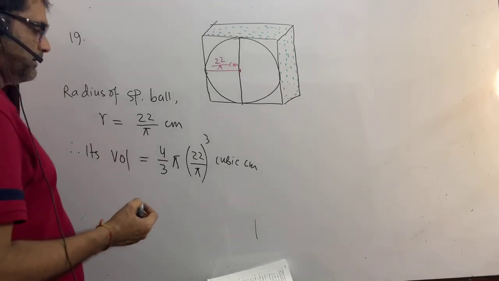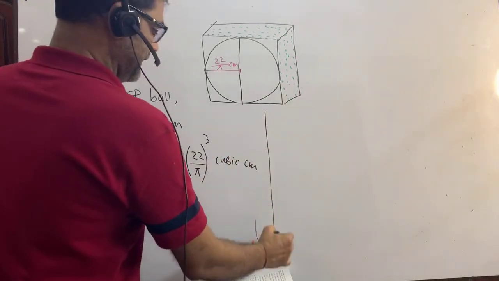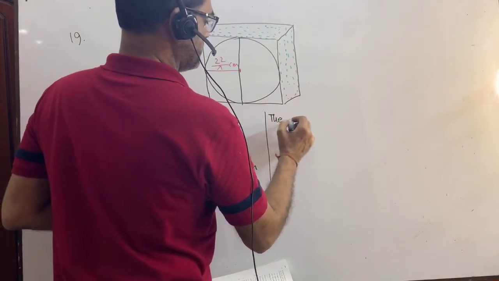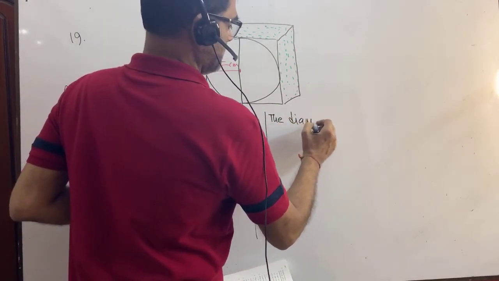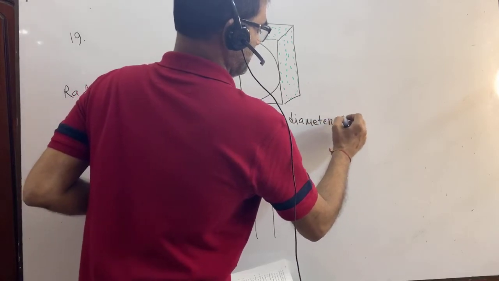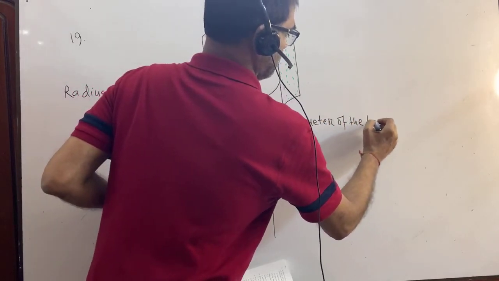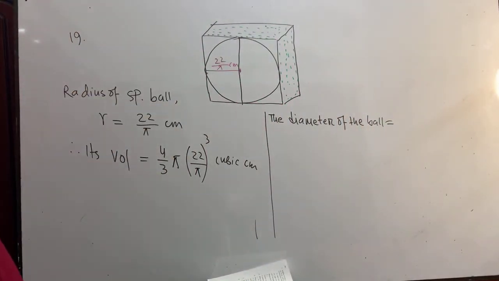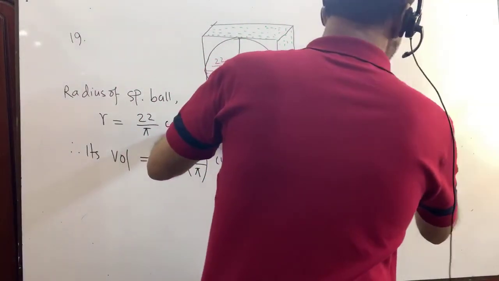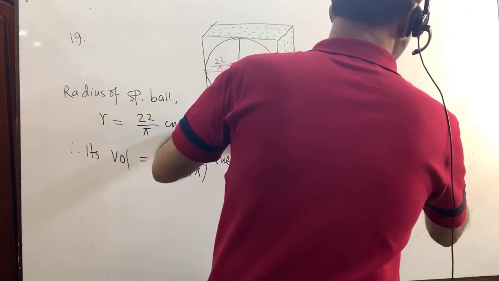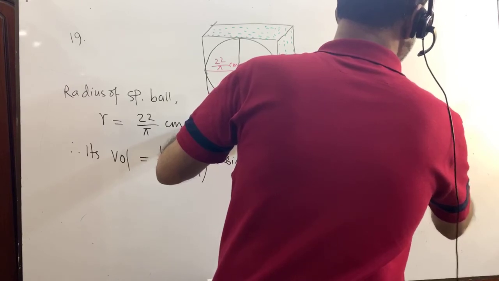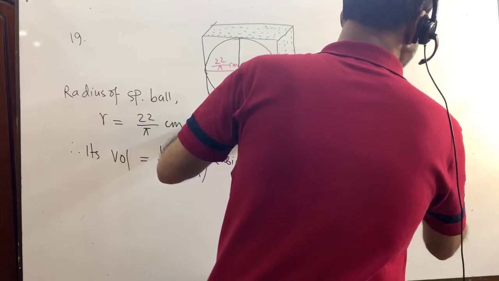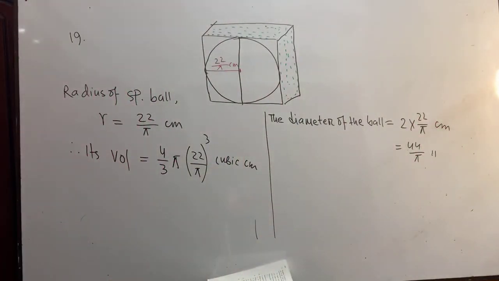That means here we can write, the diameter of the ball is equal to, radius is 22 by pi, so what will be its diameter? 2 into 22 by pi centimeter. Okay, that means 44 by pi centimeter. It is the diameter of the ball.